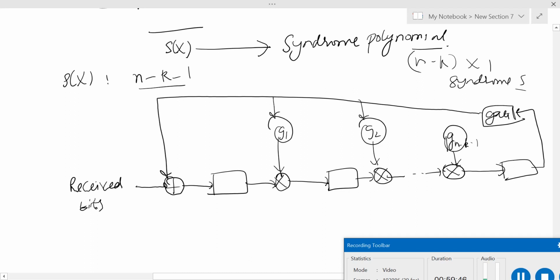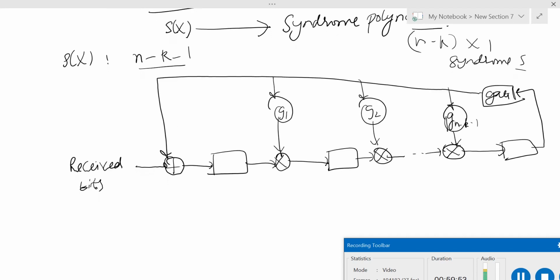The output of the last state of the flip-flops will be the syndrome. After shifting all the bits, that will be the syndrome.